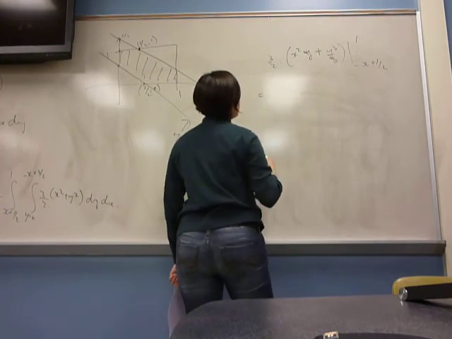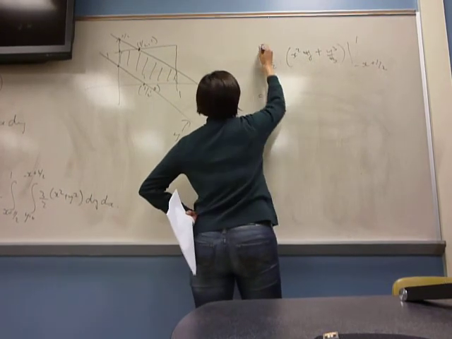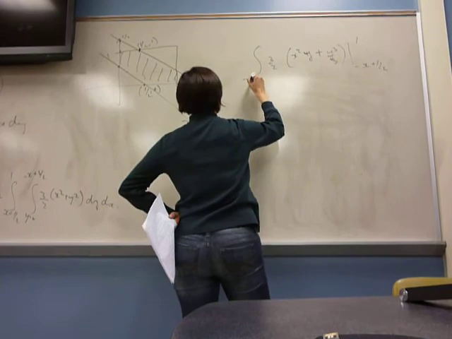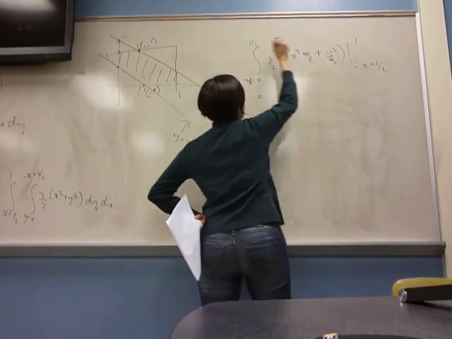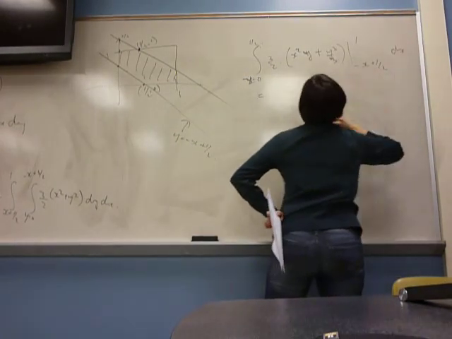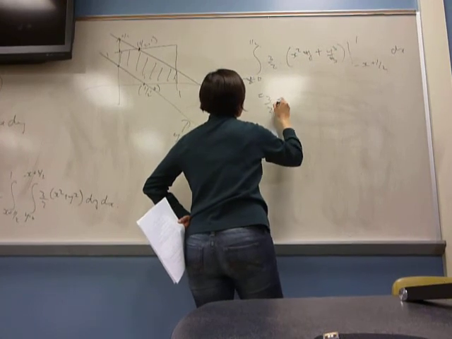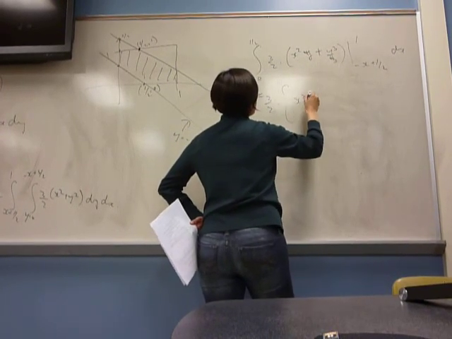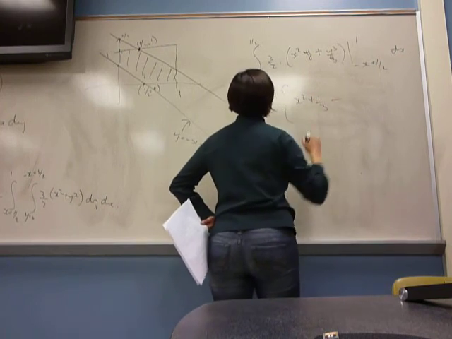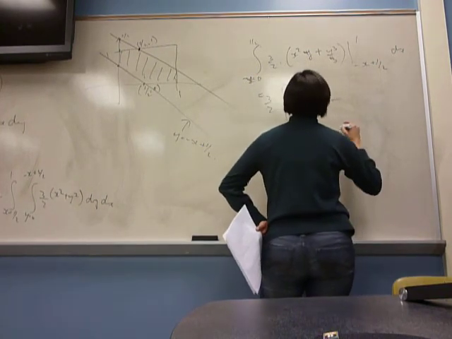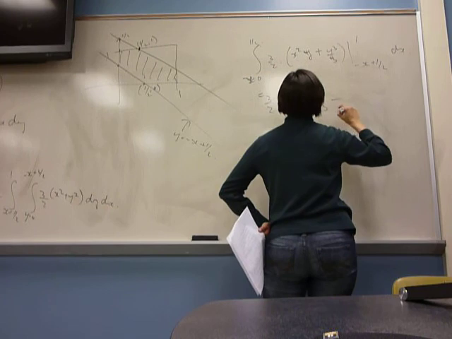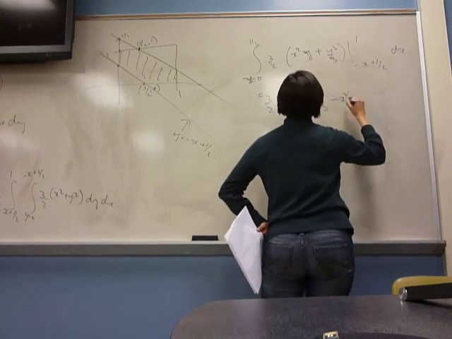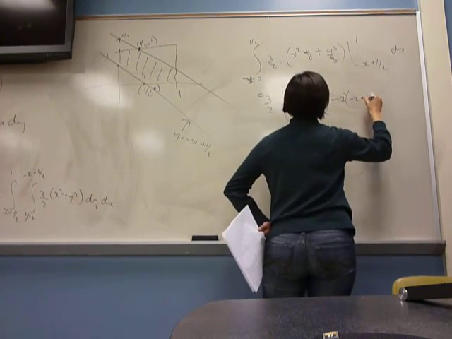So let's plug that in. X goes from 0. You plug in 1, you get x squared plus 1/3, minus, you plug in negative x plus 1/2, you get x squared times negative x plus 1/2.